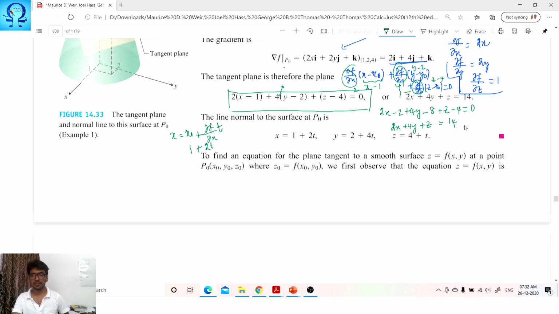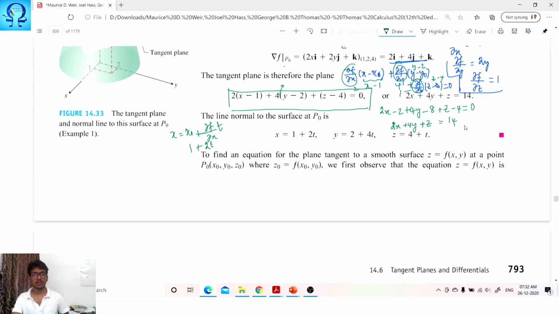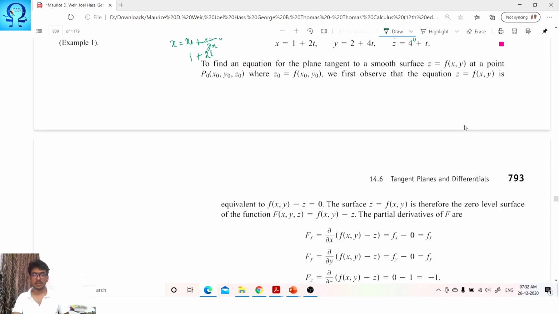Now we have done the required calculations. So next, if you wish to find out the tangent to the smooth surface z is equal to f of x, y, hence you may treat your f of x, y, z as small f of x, y minus z.